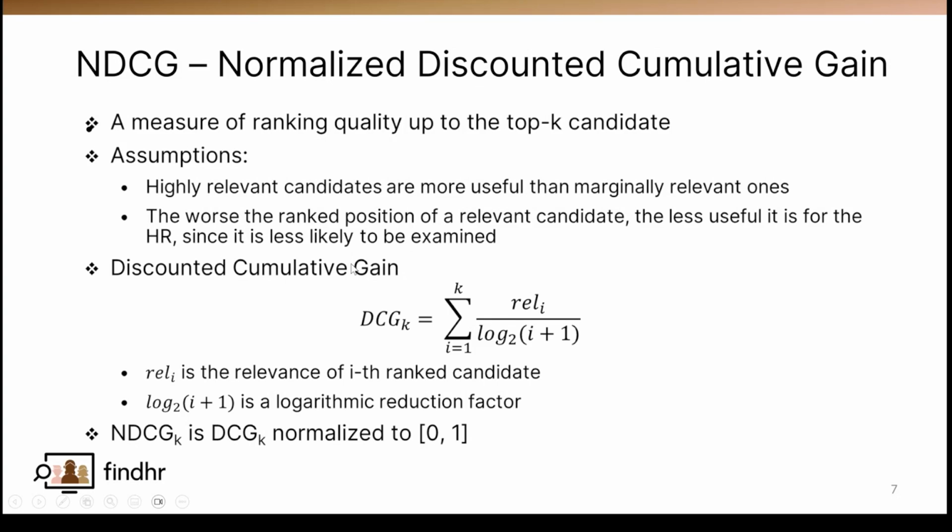Regarding accuracy of the predicted model, we will not use just accuracy, but we will use, let's say, the correlation between the ranking produced by the model, for a fixed job offer, the model assigns a score to each candidate, and so there is a natural ranking from this score, and the ranking of the ground truth.